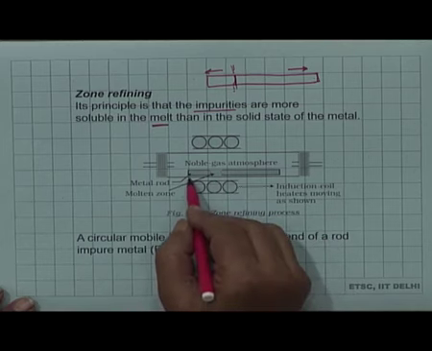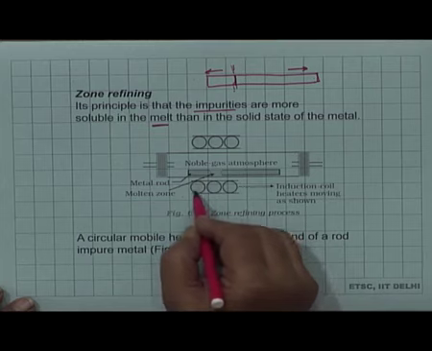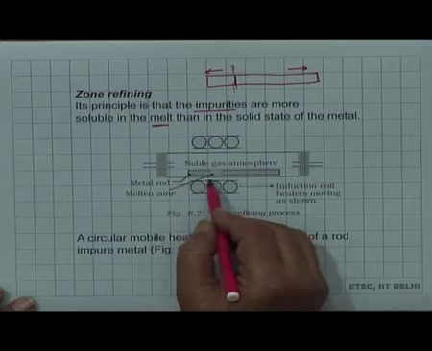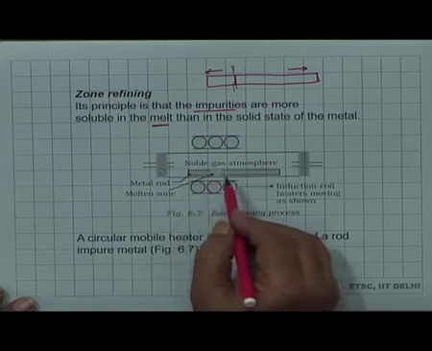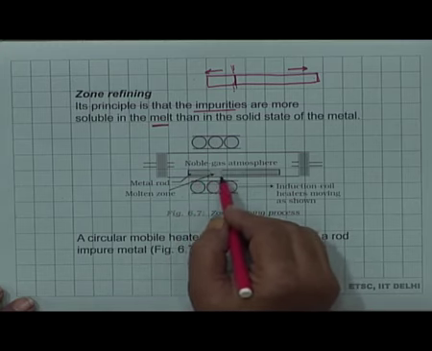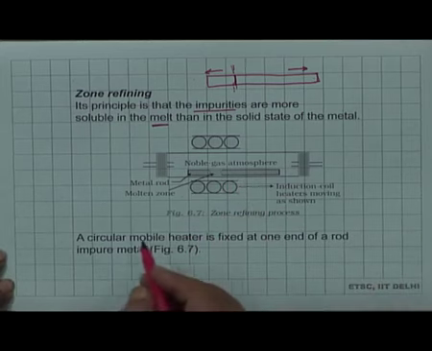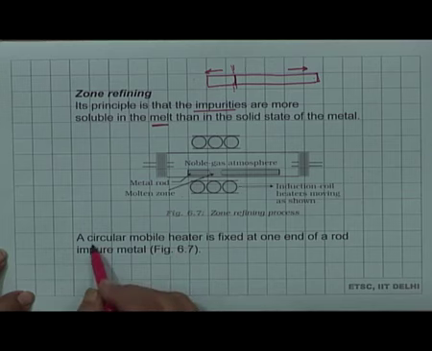So, we start from here and move our heating towards this direction. Slowly the impurities will be shifted to the left side and pure metal will go on shifting to the right side.